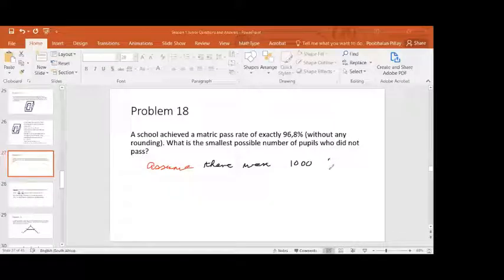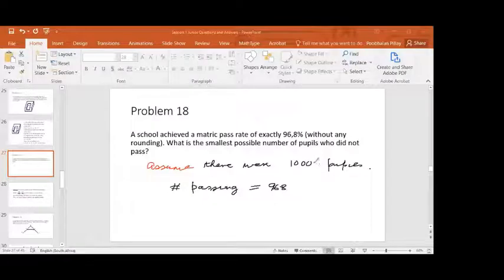Suppose there were 1,000 pupils. Right? Then how many people passed? Yeah, you can see you're going to have a whole number. Number passing is 968. That will give you 96.8. 968 over 1,000 is the same as 96.8.